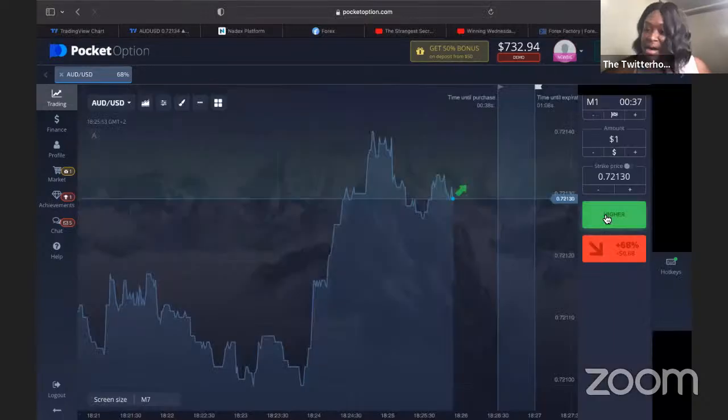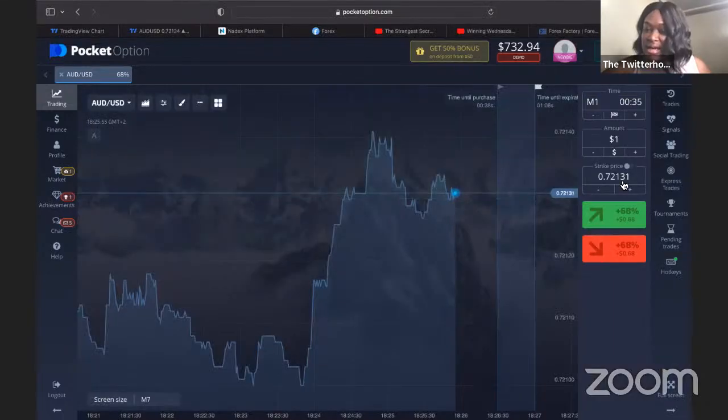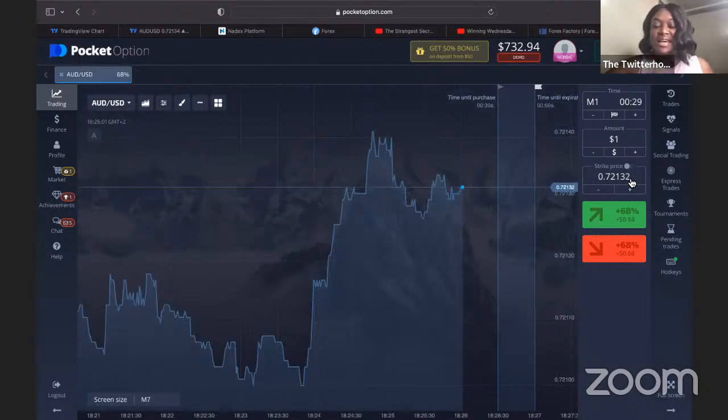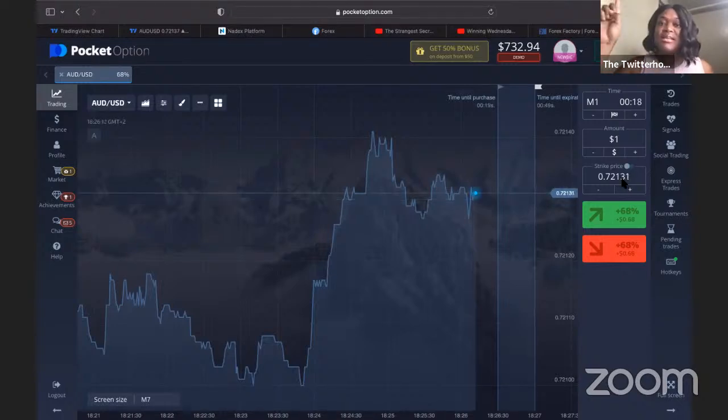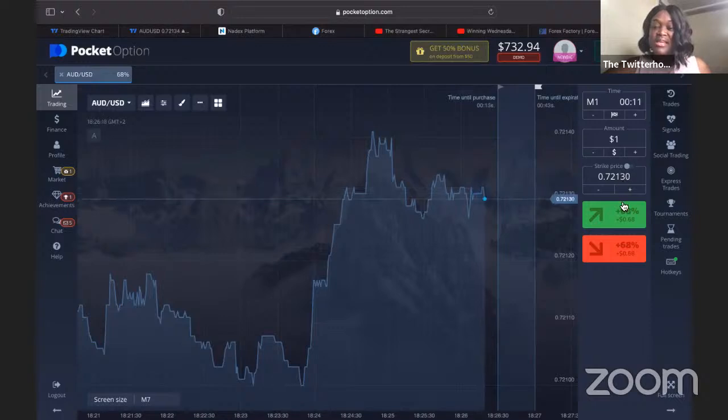So the price, say 131, you see it's 0.72131. I'm not going to say the entire thing. I'm just going to call out the last 3, and then we'd be looking for that price or lower. When we want price to go up, we want to get in at the strike price or a lower number. The lower, the better.